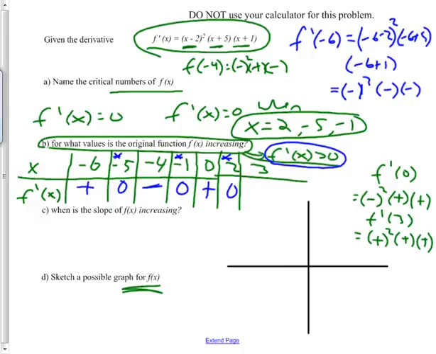And remember, we're not looking at exact numbers. We're just trying to decide whether our derivative is positive or negative so we can figure out when the function is increasing, because when f of x is increasing, our derivative must be positive. We just showed that f prime of 3 was a positive number. So where is the original function f of x increasing?